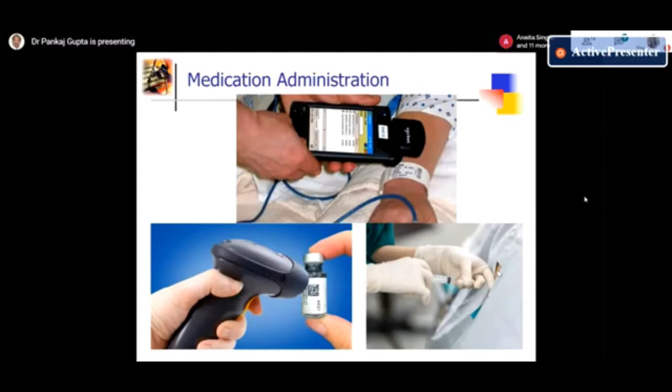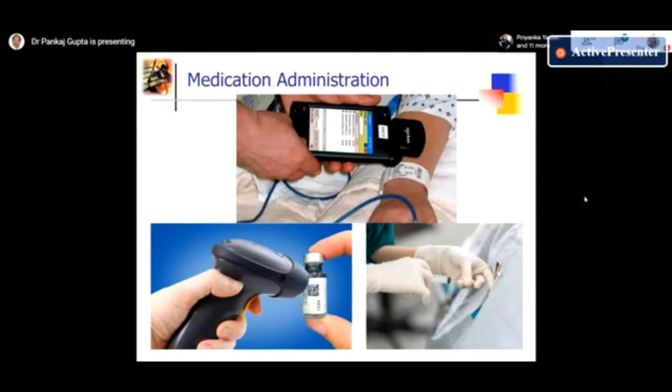And before the medicine is administered, again there's a scanning of the packet or the vial or the sachet or the strip or the bottle, whatever may be the case. That has to be scanned again, and only then should the nurse administer the drug.